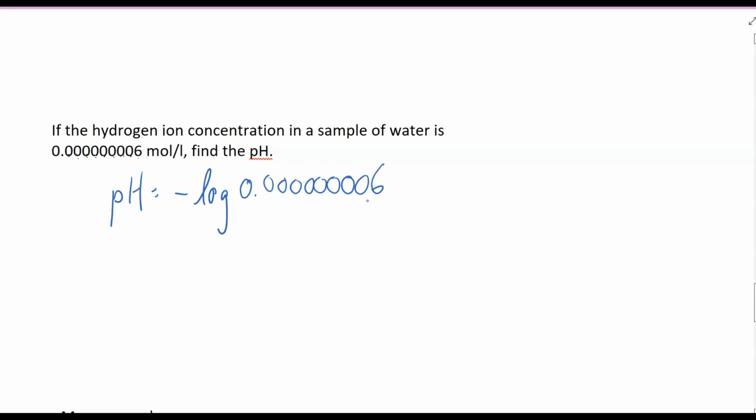How do we find that number? I will just have to type that directly into the calculator. I will put in my negative log and type in 0.000000006. And the pH comes to 8.2.